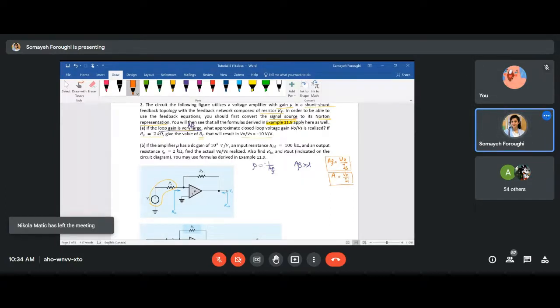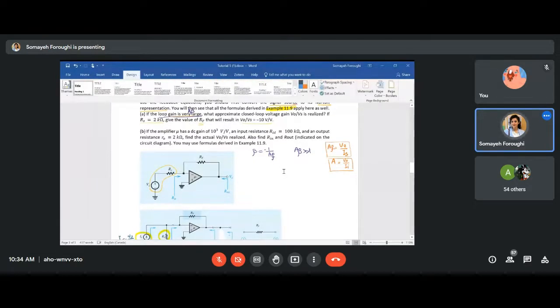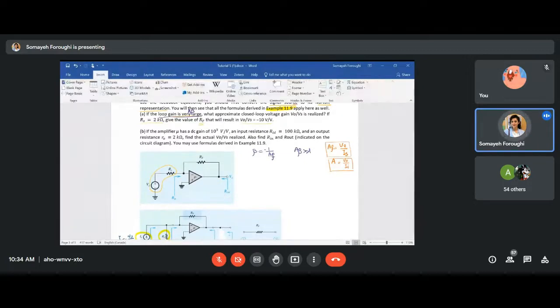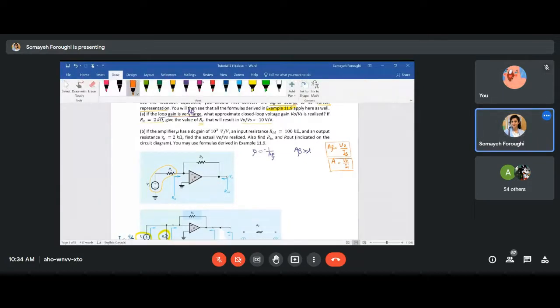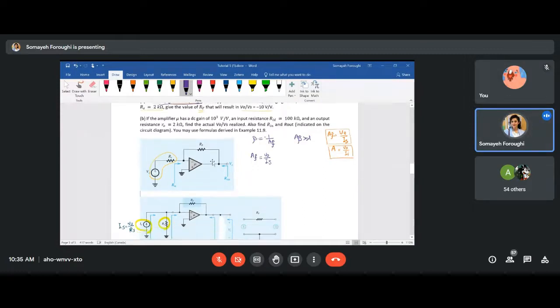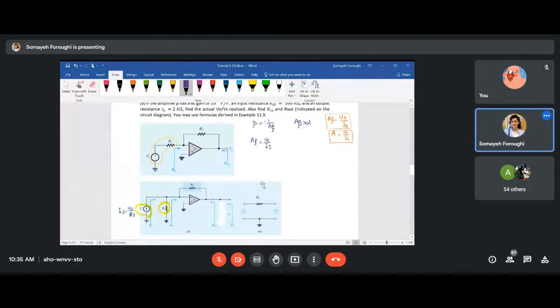So it's like, now that I have the Norton representation, my AF will become VO over IS, the source current and the voltage VO over it. And what is VO over IS? Guys, you know that IS will flow through here.